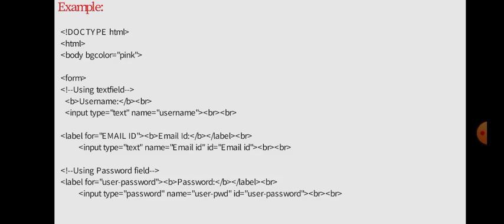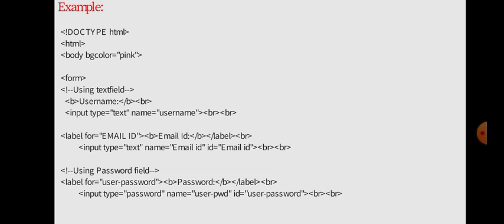Coming to the example, here I am taking the body section directly. Body bgcolor is equal to pink. I just need to create a form using the form tag. So I just opened the form tag. Here I am taking some fields only. The first field is a text field.